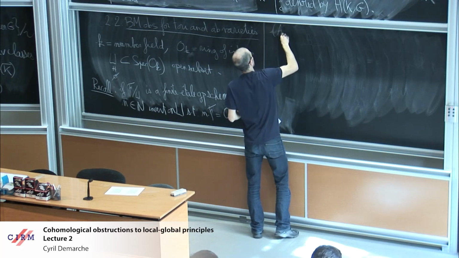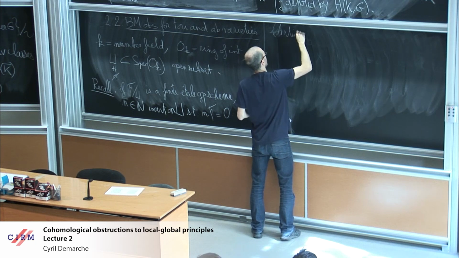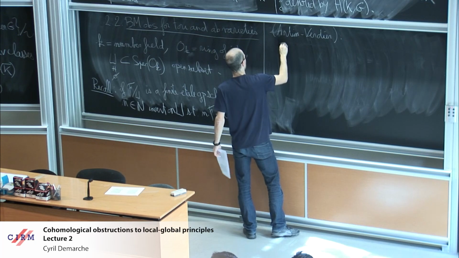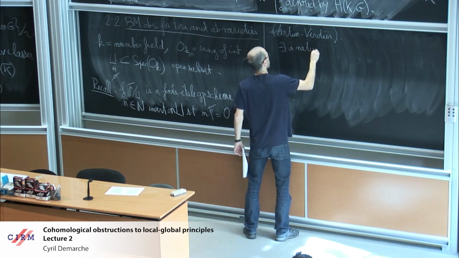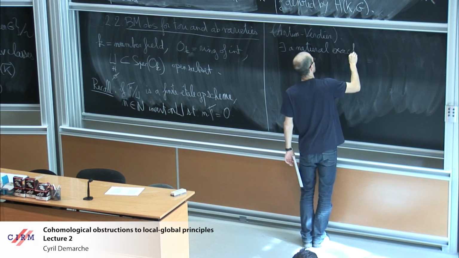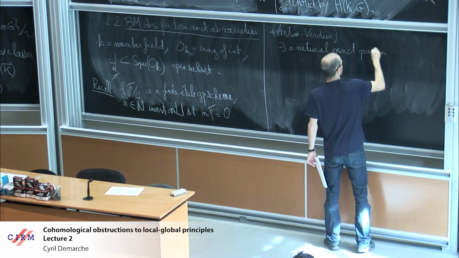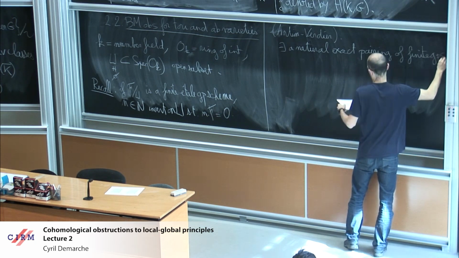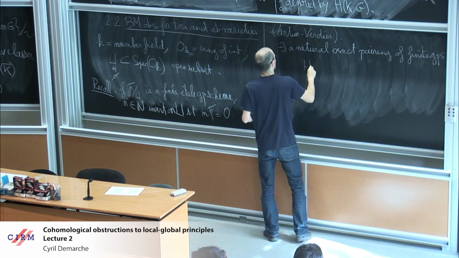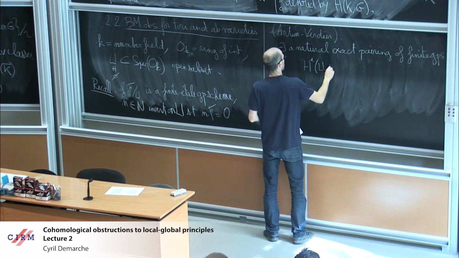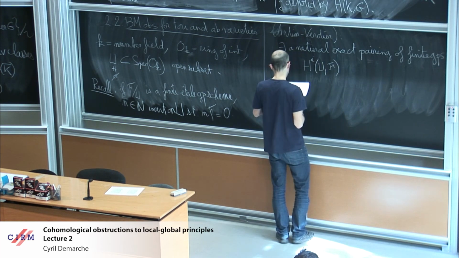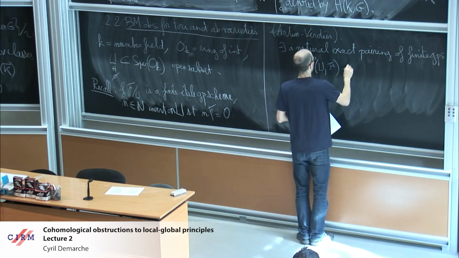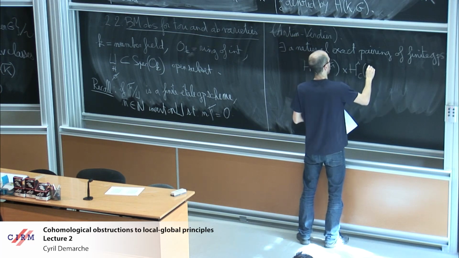So there is a natural exact pairing of finite groups given by cup product: H^i(U, F), so maybe just put H^{3-i} with compact support of the dual.